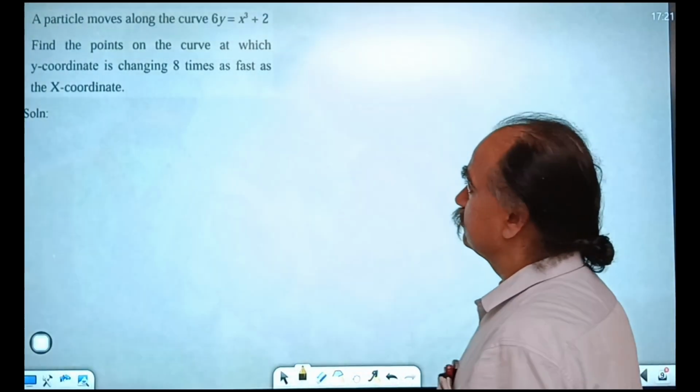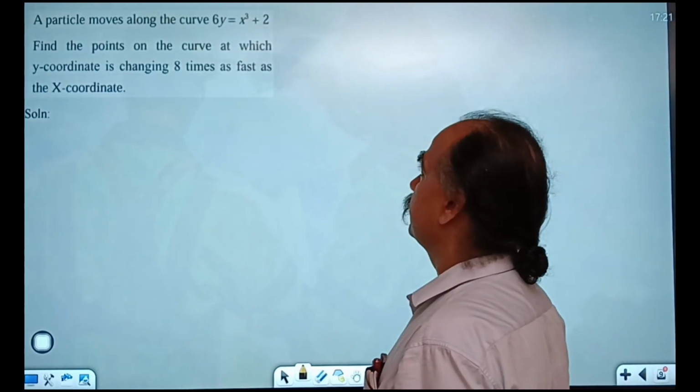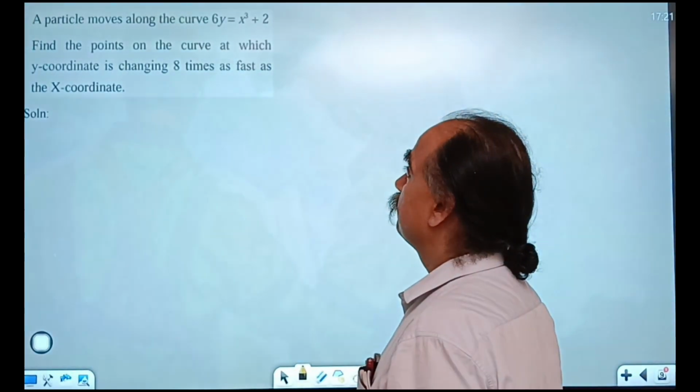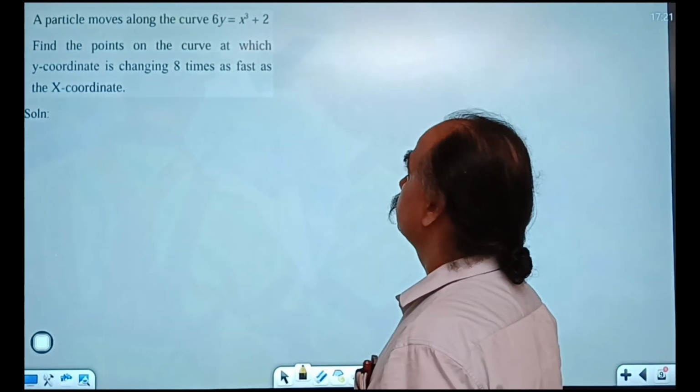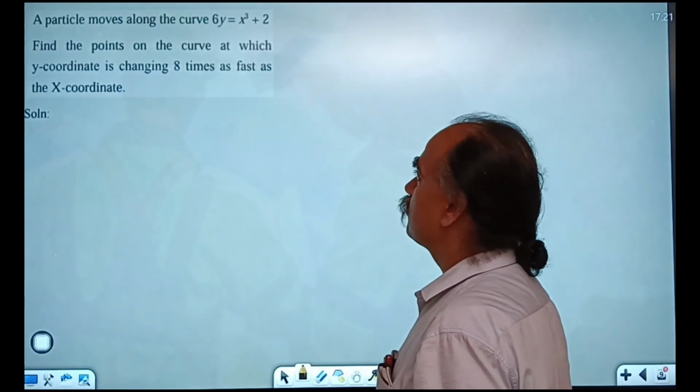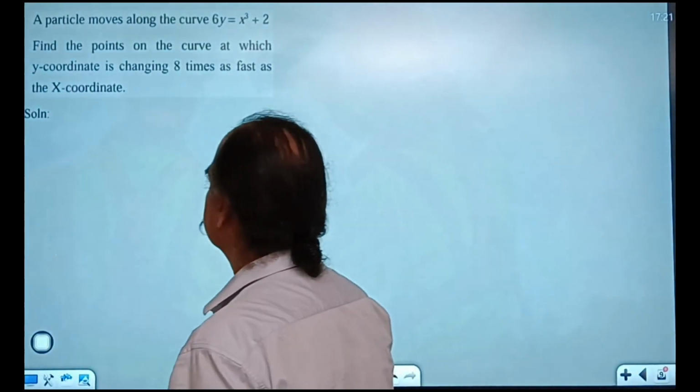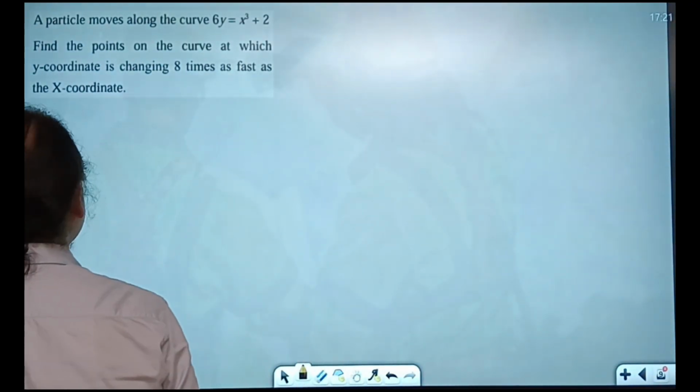A particle moves along the curve 6y is equal to x cube plus 2. Find the point on the curve at which y coordinate is changing 8 times as fast as the x coordinate.